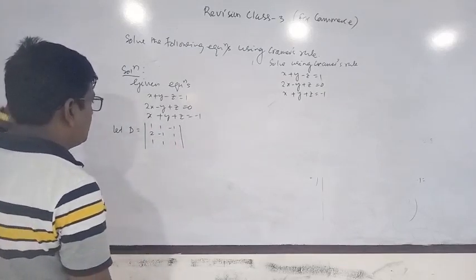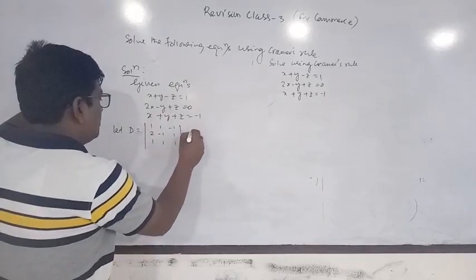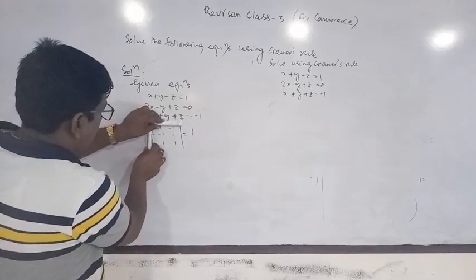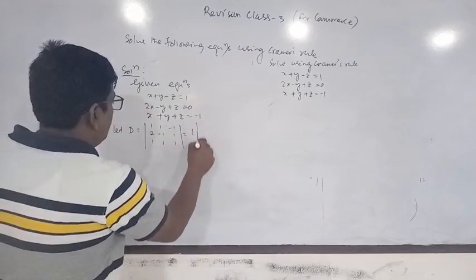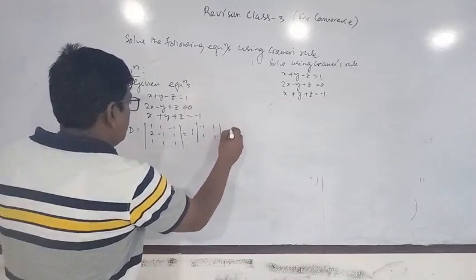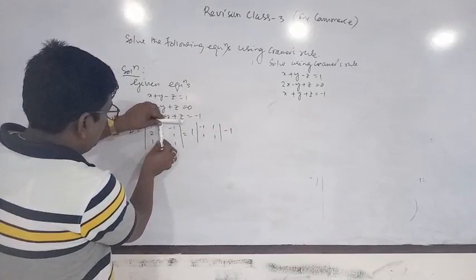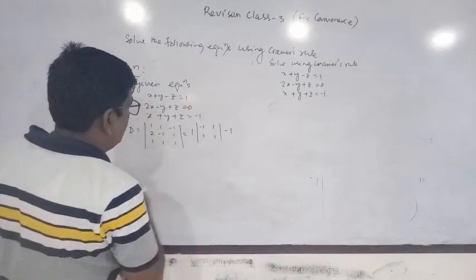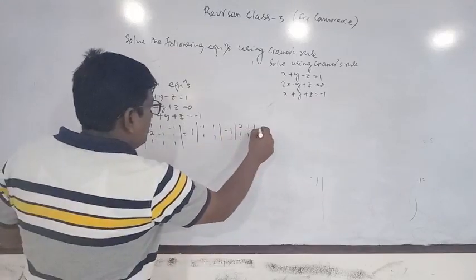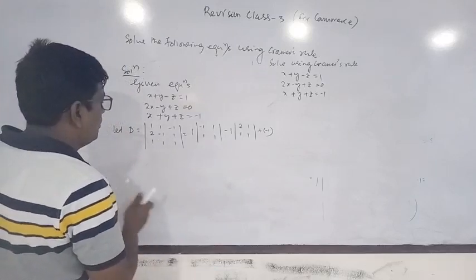So this will be 1 into, cutting this row and this column, minus 1, 1, 1, 1. Then minus 1 into, cutting this row and this column, 2, 1, 1, 1. Again, the sign is plus but the element is minus 1.